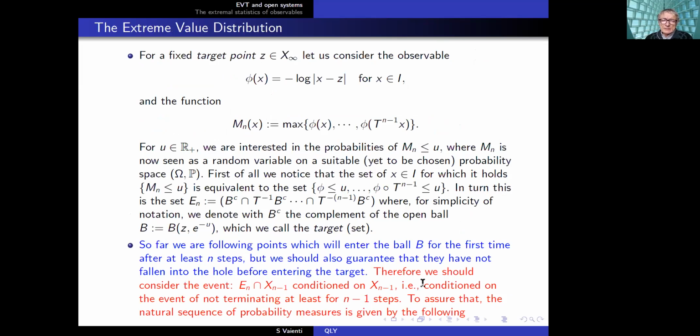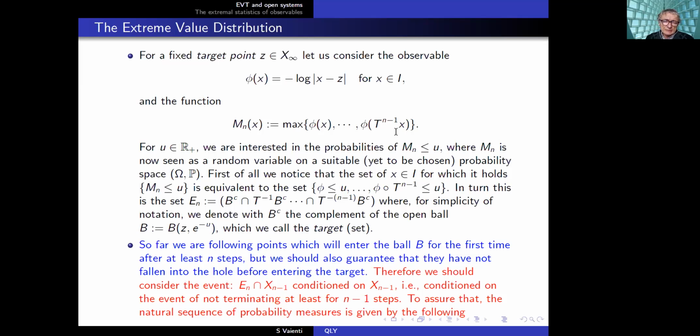Okay, now finally let's go to the statement of the problem. As I said before, I fixed a point on the surviving set, which I called Z, and now I consider the following observable. I take minus the logarithm of the distance of a point x on the interval with respect to the target point Z. And then I look at the maximum of phi of x computed along the orbit of the point.